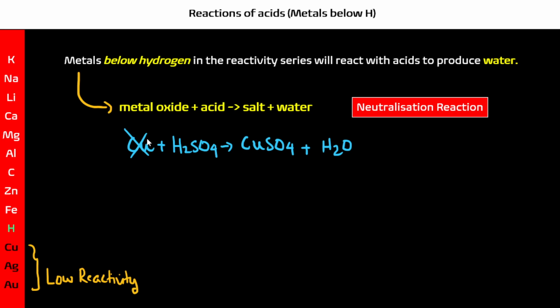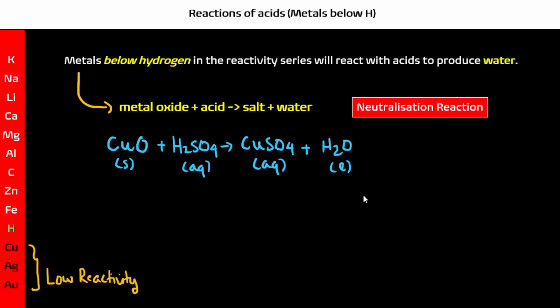So instead, for metals below hydrogen, we need to find an oxide of those metals. For example, copper will have copper-2 oxide, which is CuO. Okay, so CuO, copper-2 oxide, is a solid. Sulfuric acid is aqueous. The copper-2 sulfate that we will get will be also aqueous, which is a blue solution, and water will be liquid.